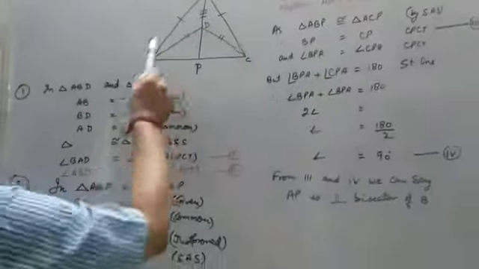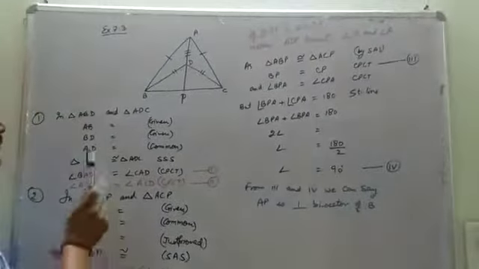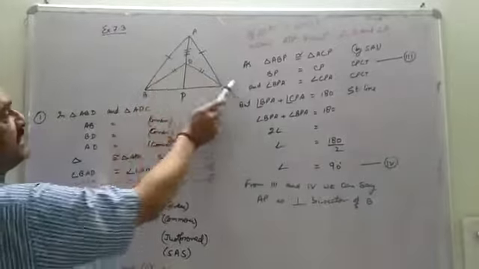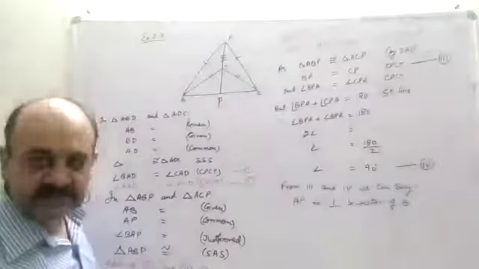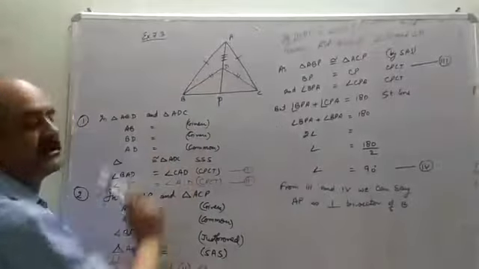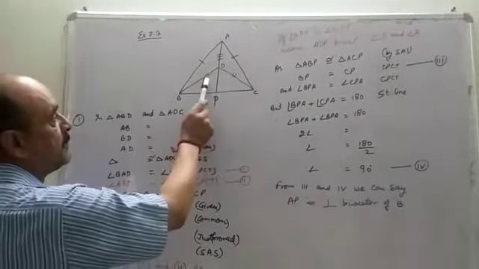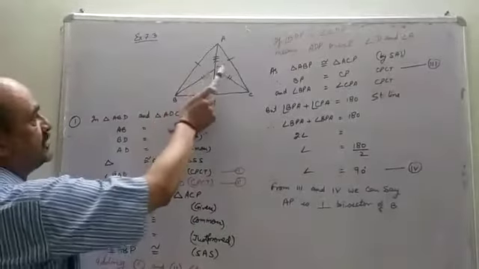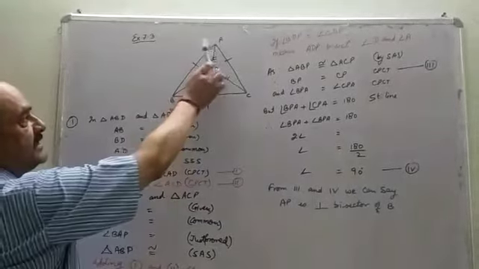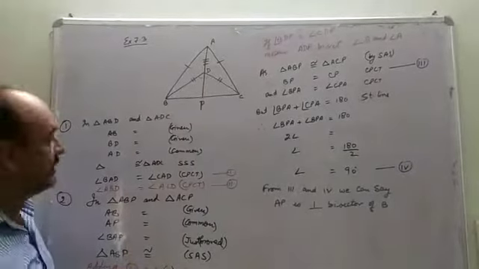In 7.3 they have given you triangle ABC isosceles and BCD isosceles. AB is equal to AC, BD is equal to CD, and if I have to prove these two triangles congruent, I can say AD is common.